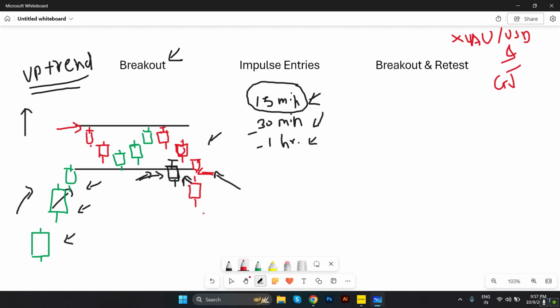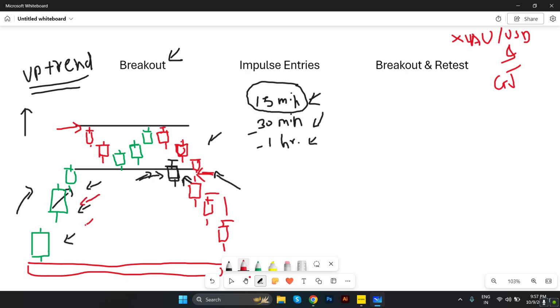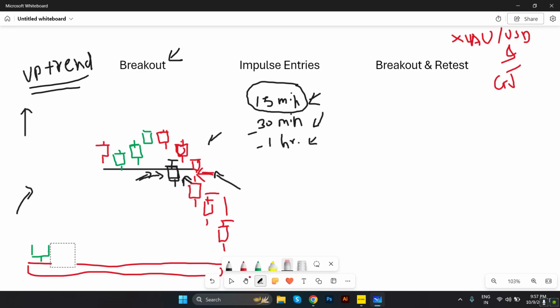Then I would anticipate that these candles should respect the lower highs and lower lows, like this high and this high of the previous candles, and they should travel to the bottom where we have a support down over here. This should be a clean move provided that we have clean candles to the left-hand side.